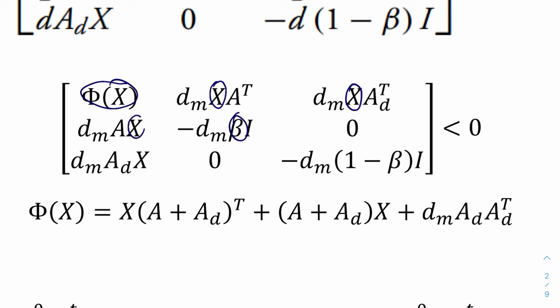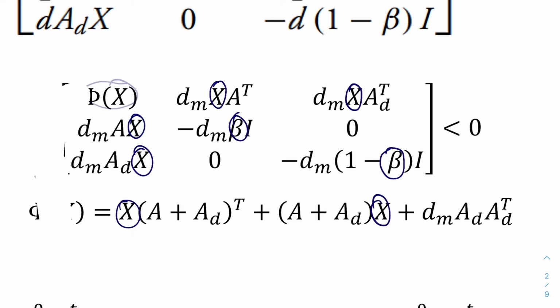They appear linearly in each entry, and let's check what phi of X is here again. That's also linear. So that's totally an LMI that we can handle, right?